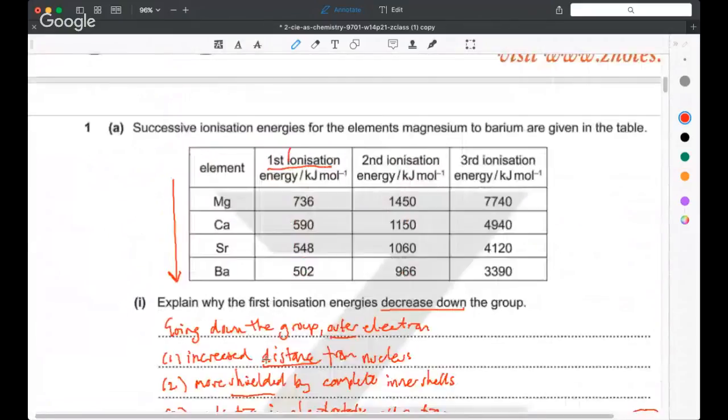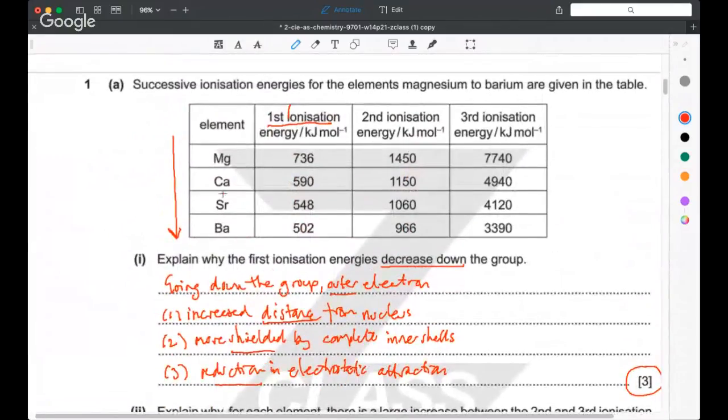Now, for the second point, you've got to see that compared to the first and the second ionization energies, these are all successive ionization energies. There's a big jump to the third ionization energy, and that trend is true all the way down the group.